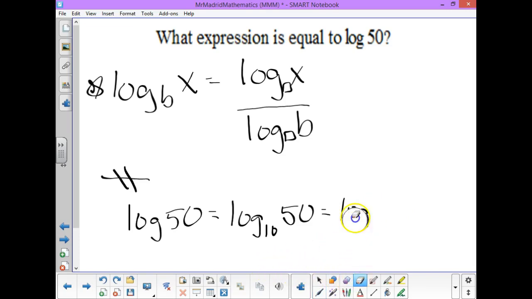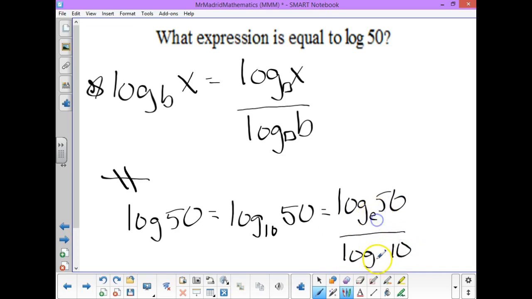Since we're working with the natural log, instead of sticking to that, let's do this. I'll go a little slow so I don't miss anybody. Let's use e since we're working with it, and that'll give us the natural log of 50 over the natural log of 10.